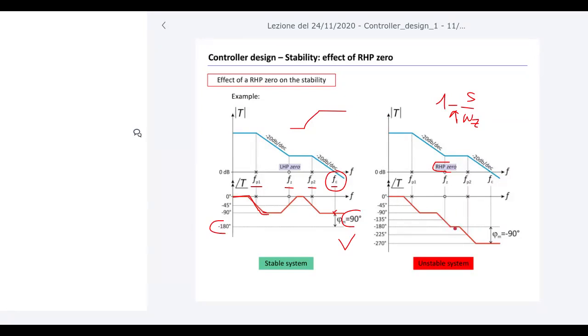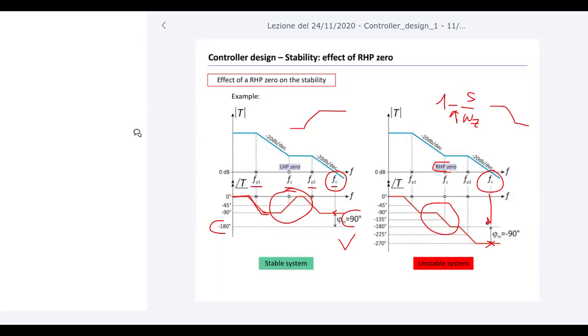Because if you look at the phase of a right half plane zero, it is the same phase variation as a pole. So it changes this way, from 0 to, let's say, minus 90. So it means that instead of having this boost in phase due to the left half plane zero, you have a decrease of the phase because it acts like a pole. And so if you look at the crossover frequency now, you have, let's say, minus 270.